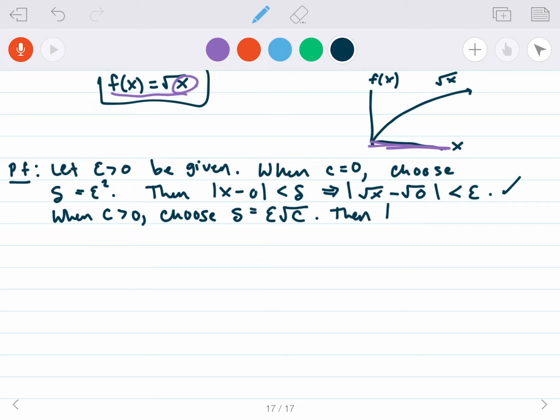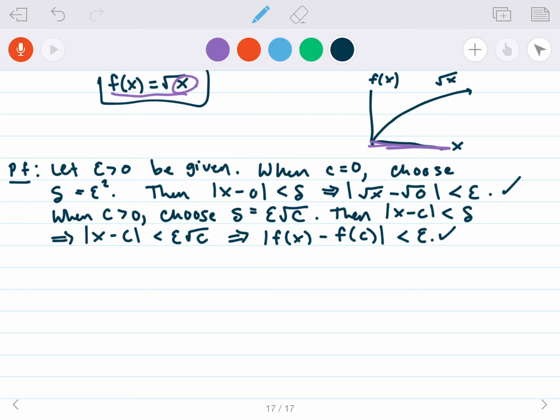Then x minus c less than delta is going to imply that x minus c is less than epsilon over root c. And by our scratch work, this is going to imply that f of x minus f of c is going to be less than epsilon. So for all c bigger than or equal to 0, this implies that f of x is continuous at c.